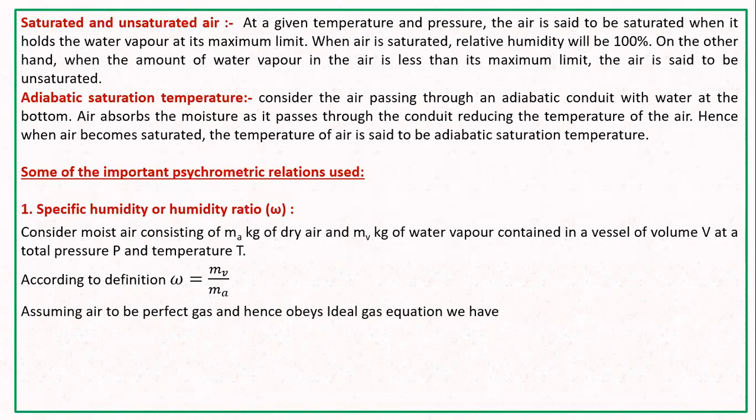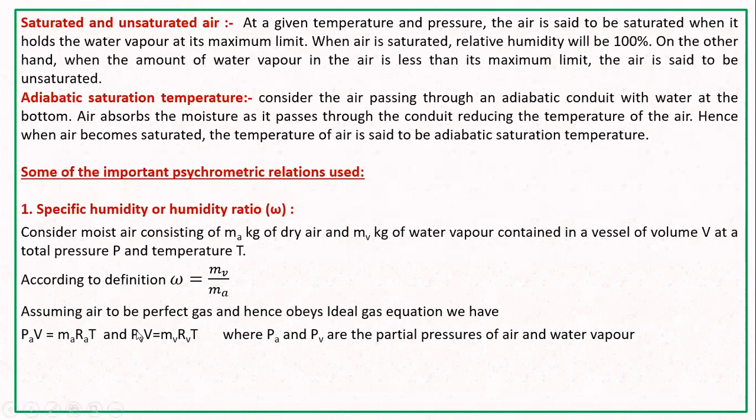Now, let us assume the perfect gas equation. Assume that it obeys the ideal gas equation. It can be written separately for the dry air and water vapor. So PA V is equal to MA RA T. That means partial pressure of the dry air into volume, since it occupies the same volume of the vessel, will be equal to mass of the dry air into the gas constant of the dry air multiplied by T. That will be one expression.